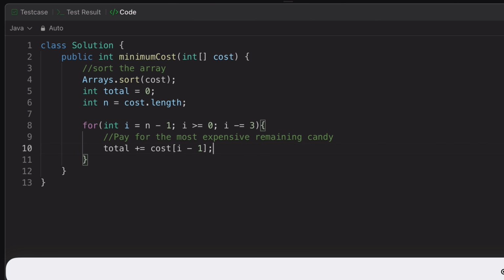We have to check the second most. This is the most expensive, guys. Okay, let's talk about the second most. So let's pay for the second most expensive remaining candy, if it exists.